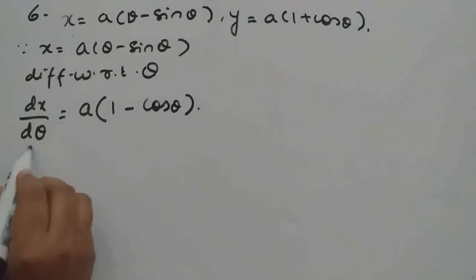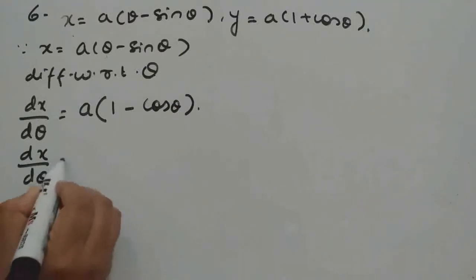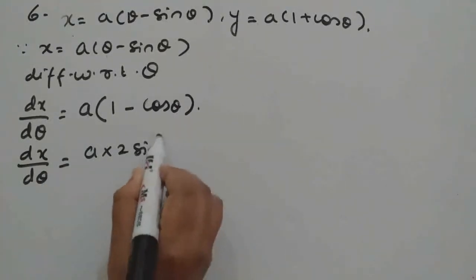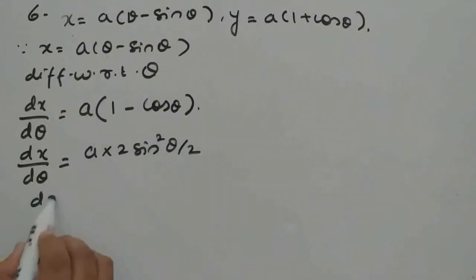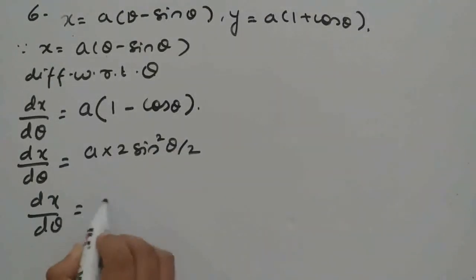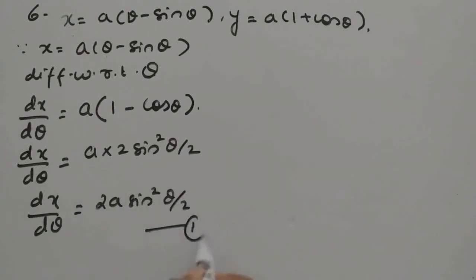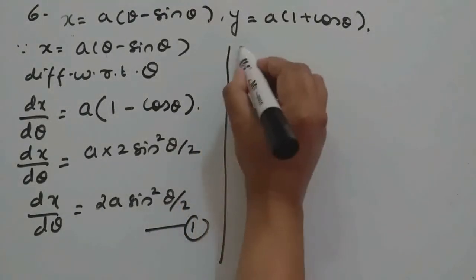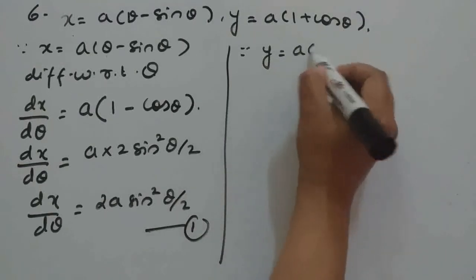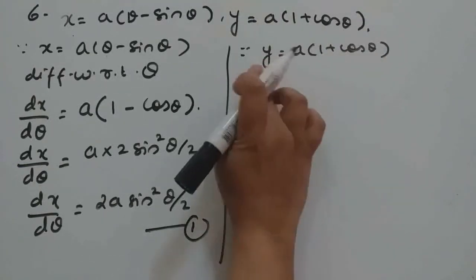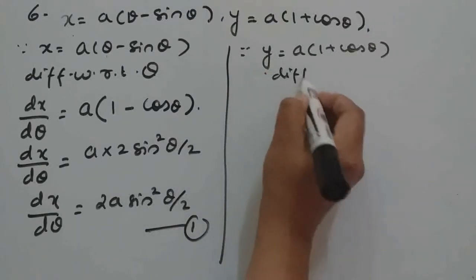But what is the formula of 1 minus cos theta? That is 2 sine square theta by 2. So we can write dx by d theta as 2a sine square theta by 2, equation 1. Now since y is given a into 1 plus cos theta, differentiate with respect to theta.